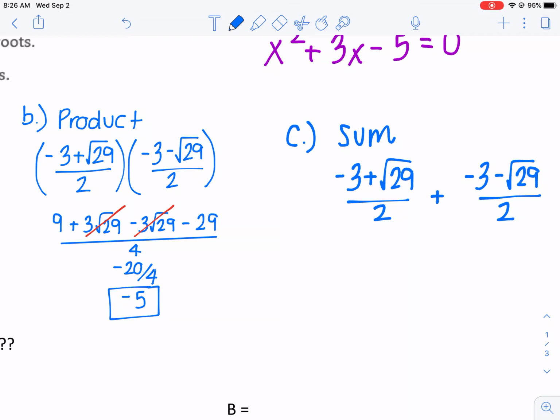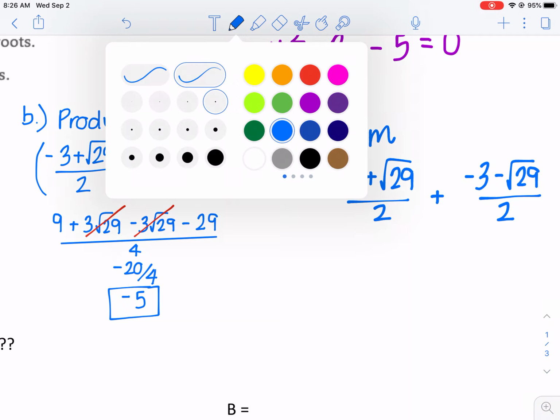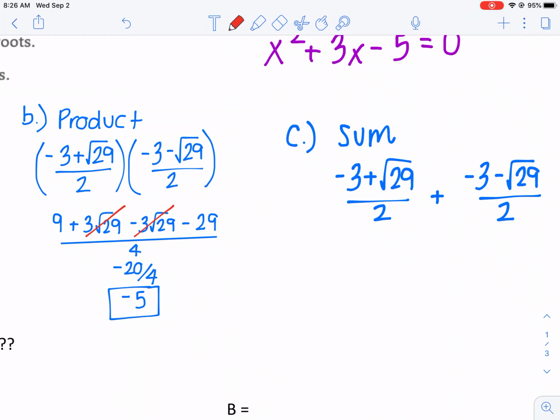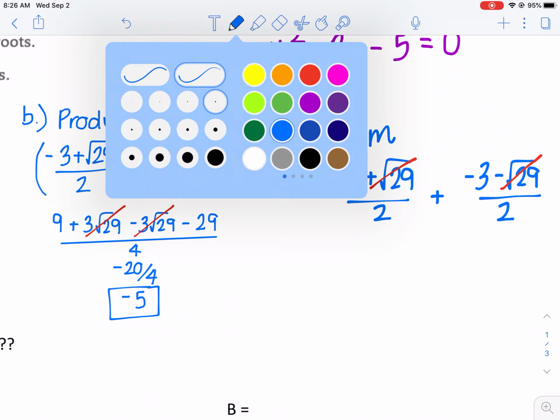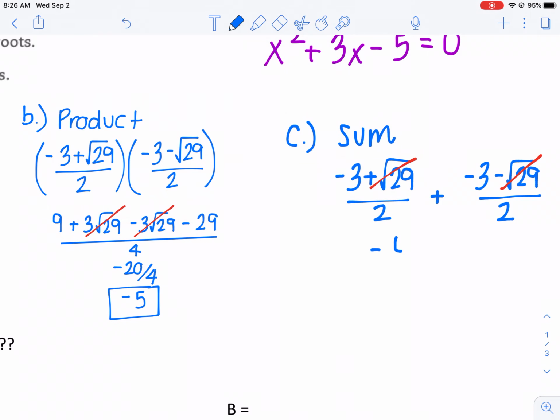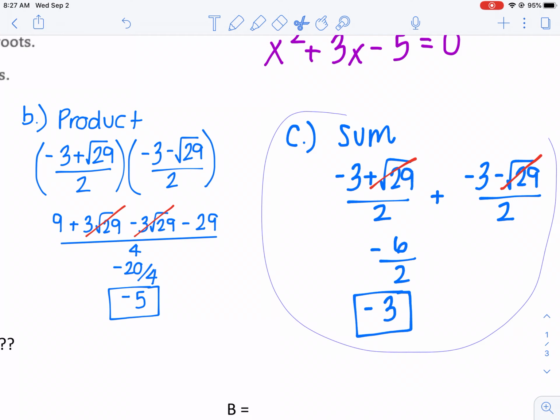Notice we have common denominators, so I can combine like terms. Notice this is a plus root 29 and a negative root 29, so those go away. And I'm left with negative 6 over 2, which leaves me with the sum as negative 3.